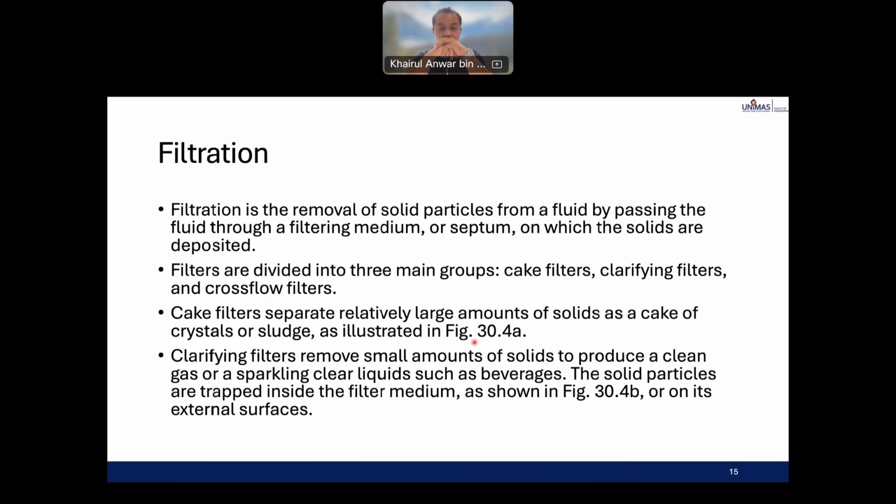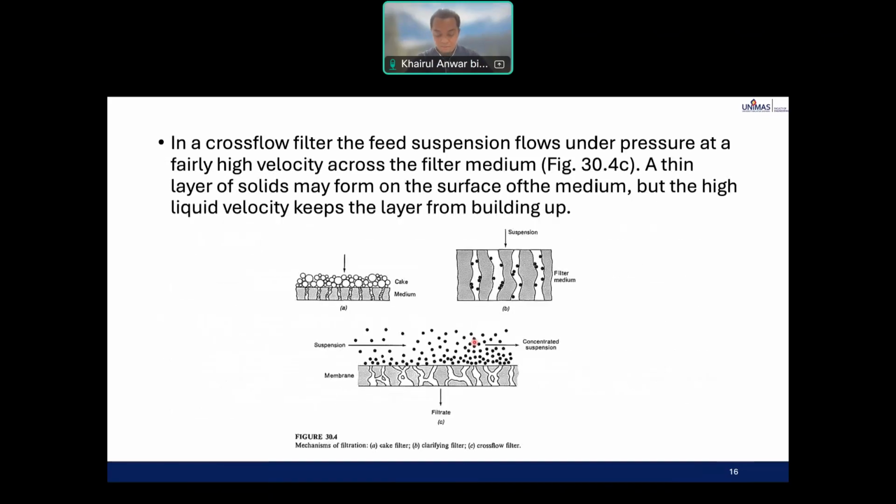So clarifying filters remove a small amount of solid to produce a clean gas or a sparkling clear liquid such as beverages. The solid particles are trapped inside the filter medium, as shown in figure 30.4b, or on its external surfaces. Okay, this is a cake filter. Clarifying filter, and this is the crossflow filter.